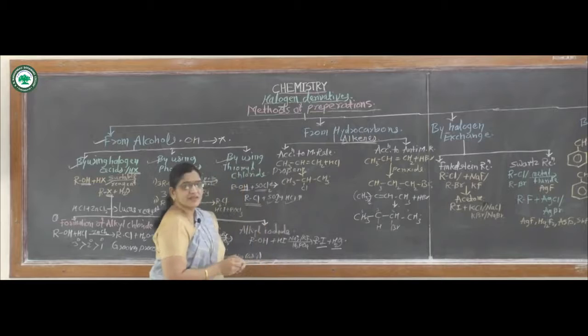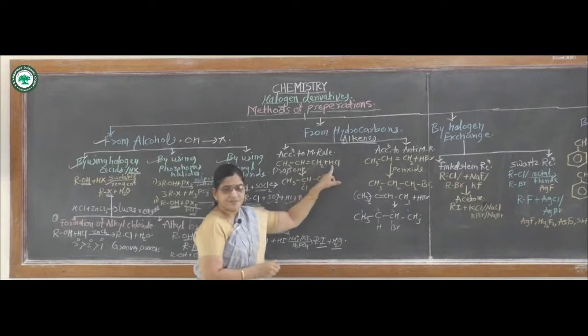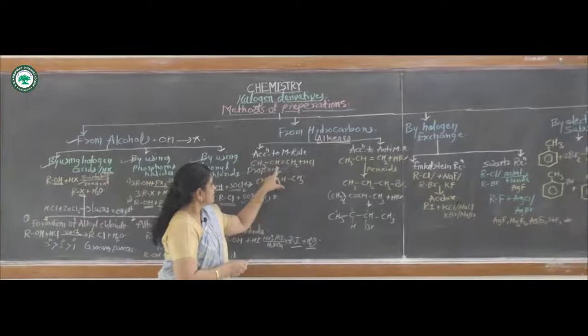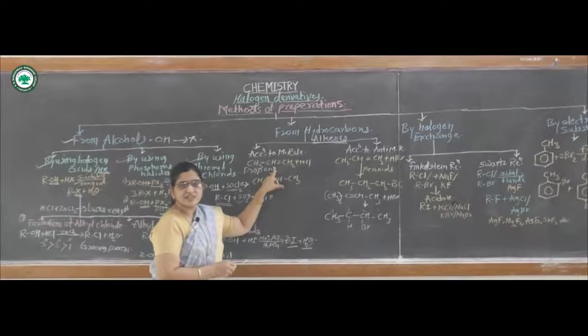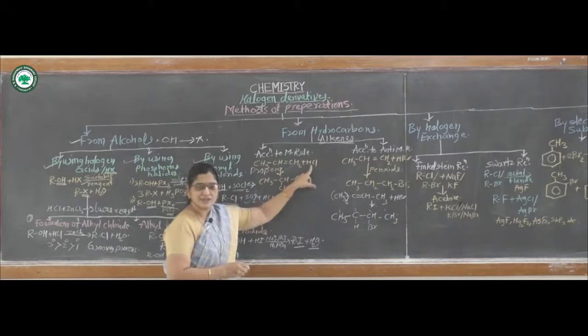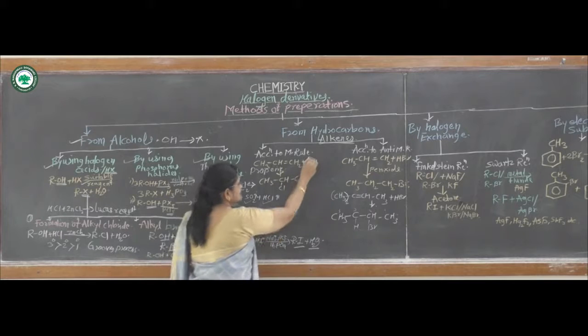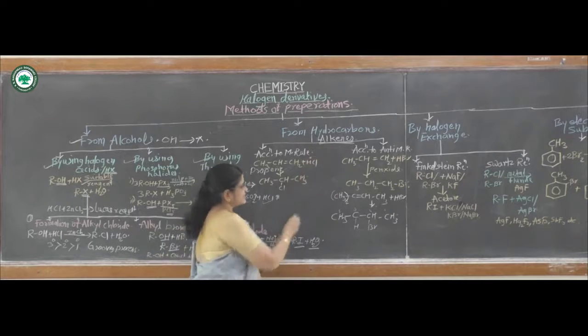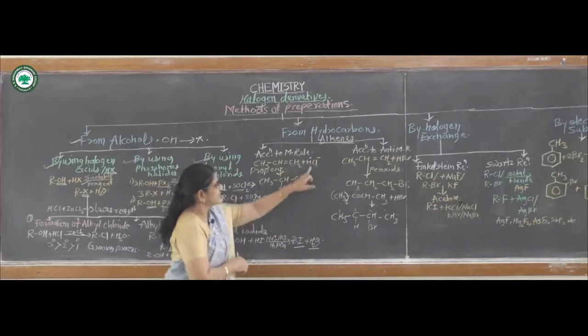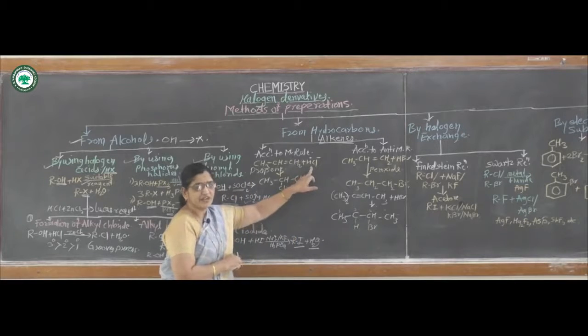If this propene reacts with HCl, see here, this propene is unsymmetrical, and this reagent is also unsymmetrical, because on this hydrogen there is positive charge and on this chlorine there is negative charge. Hence this reagent is called an unsymmetrical reagent.